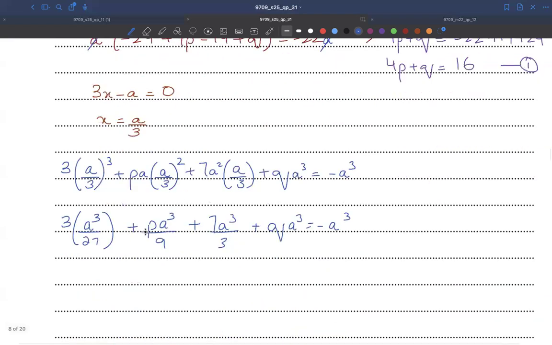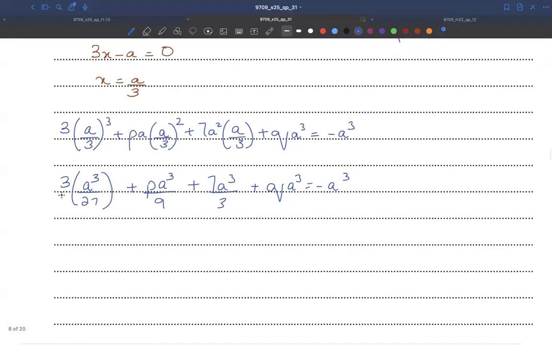So similarly over here, if we take a cube common out, we can first simplify this as well. So this will become upon 9. So if we take a cube common out over here, we'll get 1 upon 9 plus p upon 9 plus 7 upon 3 plus q, and that would be equals to, if you have minus a cube over here, it will cancel out and it will be equals to minus 1.